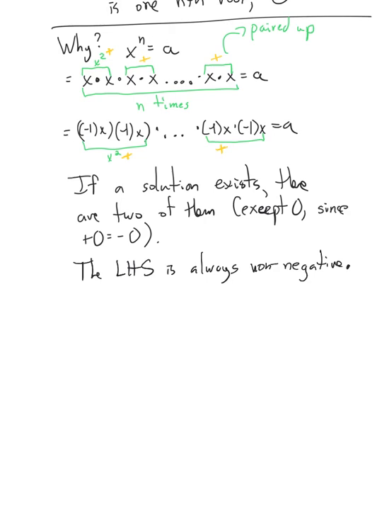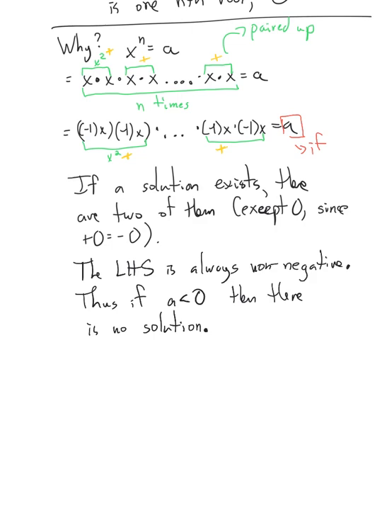Thus, if a is less than 0, so if the right-hand side is negative, then there is no solution. Since you can never have a bunch of positive numbers multiplied together to give you something negative. So if this is negative, there's no solution.